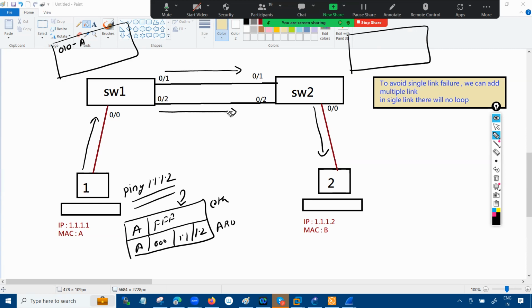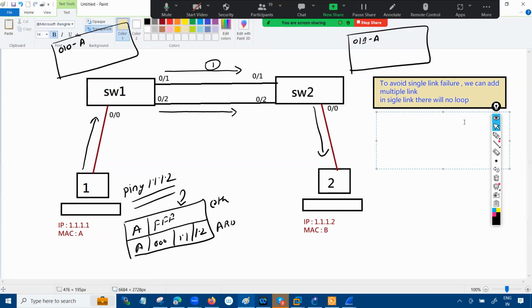Now focus. Understand, switch 2 has received this first packet, right? I'm just putting the numbers over there to help you understand the concept. So I'm putting packet number 1. When switch 2 receives this packet, what will it do? It will learn MAC address A on 0/1, because a switch always learns the source MAC address if it doesn't have a MAC entry in the MAC table, right?